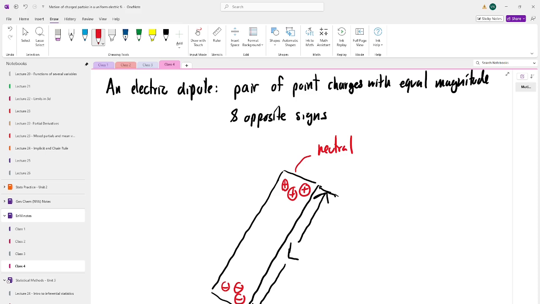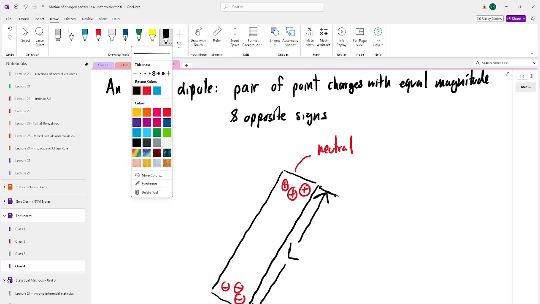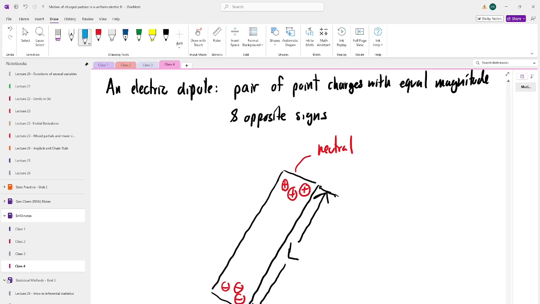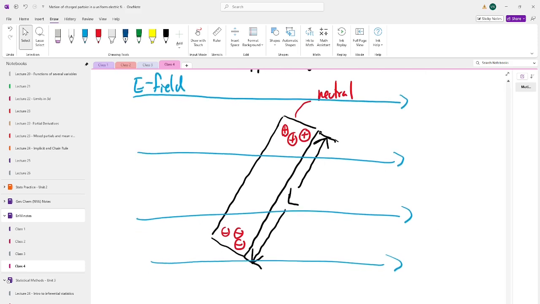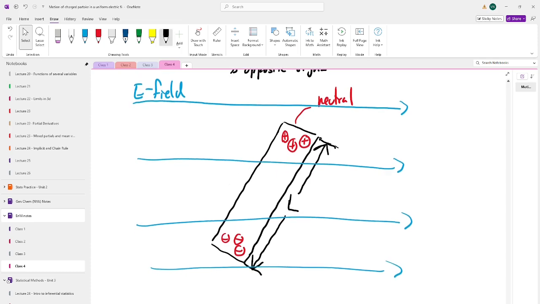And then let's draw the E field, just to be clear. Let's draw it in this direction here. So this is the E field. Even if the body experiences no net force, we can even understand why that is.